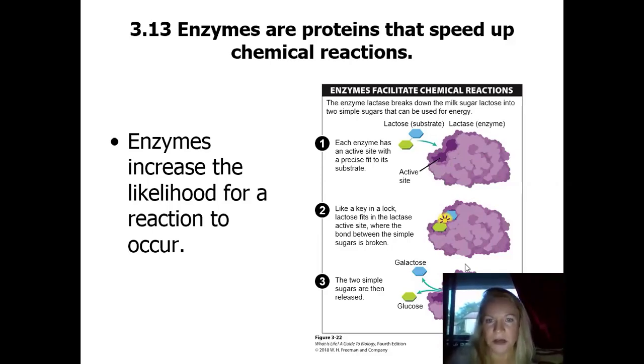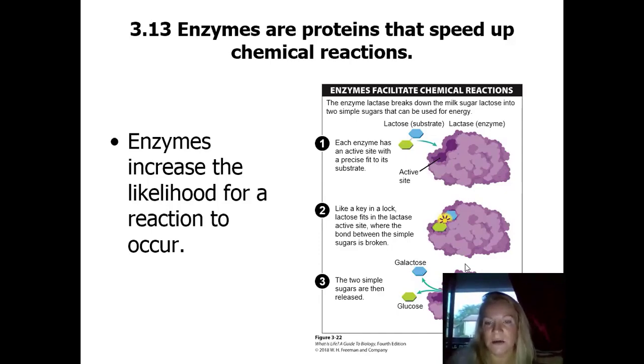Okay, so here in this picture, you have lactose, a substrate, right? It's made up of galactose and glucose. It's a disaccharide, two sugars together. And here's the enzyme that's going to help speed up the process of breaking them apart. This enzyme happens to be called lactase. So you have lactose, ose denotes a sugar.